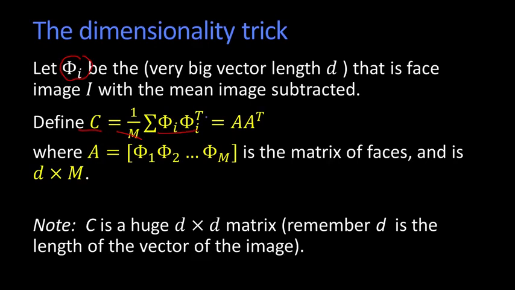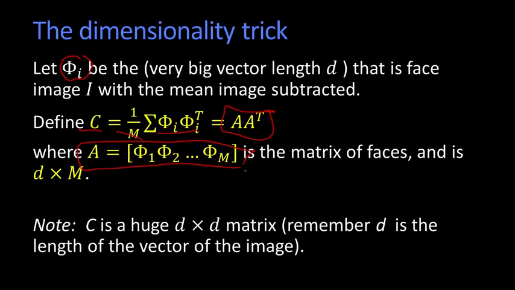This is the sum of all the outer products, and in fact, this can be written as A A transpose, where A is just the stacked up face images. A is going to be D, really big, by M, where M is however many face images I have. So it's huge by reasonable.